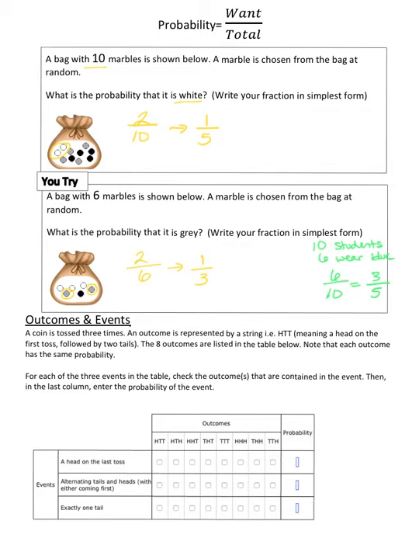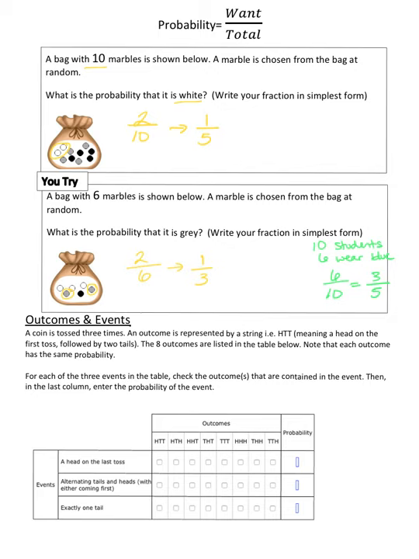The event is the thing you're doing, whether it's rolling a die, flipping a coin, spinning a spinner, picking students. That is an event. Now, a coin is tossed 3 times and an outcome is used by a string of letters. HTT meaning head on the first, tails and tails.